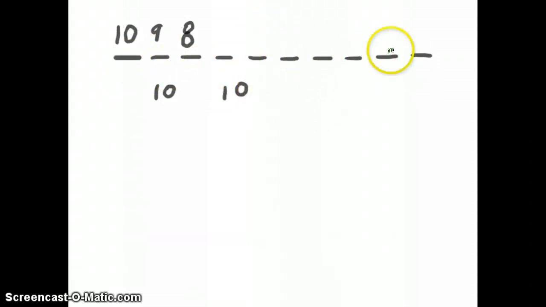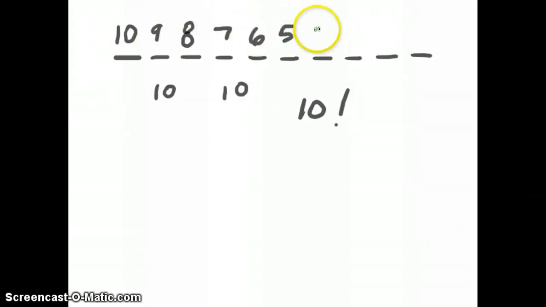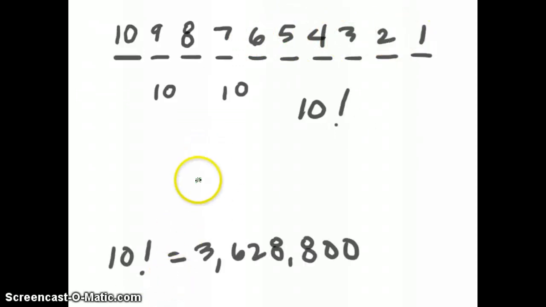Instead of writing this all out, you can just use 10 factorial, which is 10 with the exclamation point after it, and get the answer. 10 factorial is basically the same as 10 times 9 times 8 times 7 times 6 times 5 times 4 times 3 times 2 times 1. If you multiply it out, you'll get 3,628,800 as your final answer.